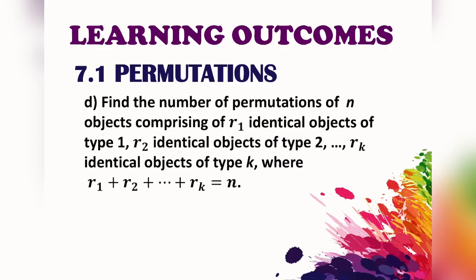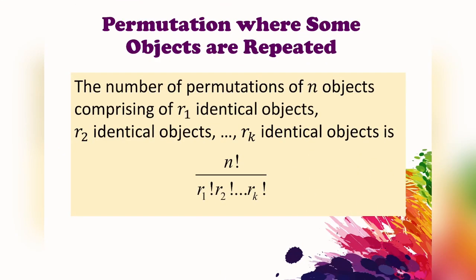Hi all, welcome back. In this video, we are going to cover the number of permutations of n objects where there will be a few identical objects within the n objects. Permutation where some objects are repeated.